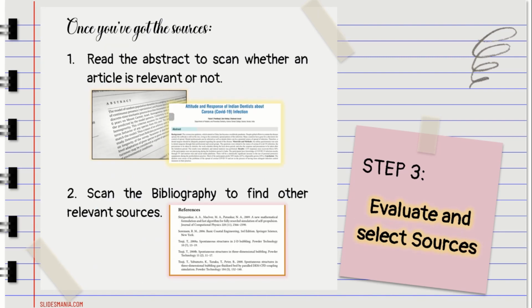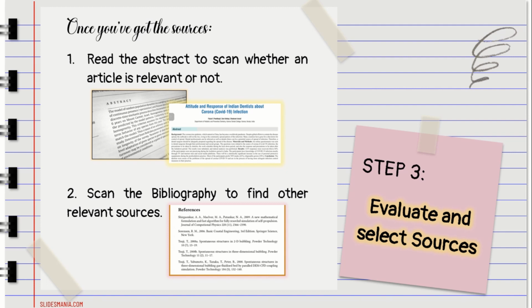Okay, so after searching for relevant literature, we are now on step 3, wherein we are to evaluate which sources are most relevant. It is very important also to consider the following. First, read the abstract to scan whether an article is relevant or not.